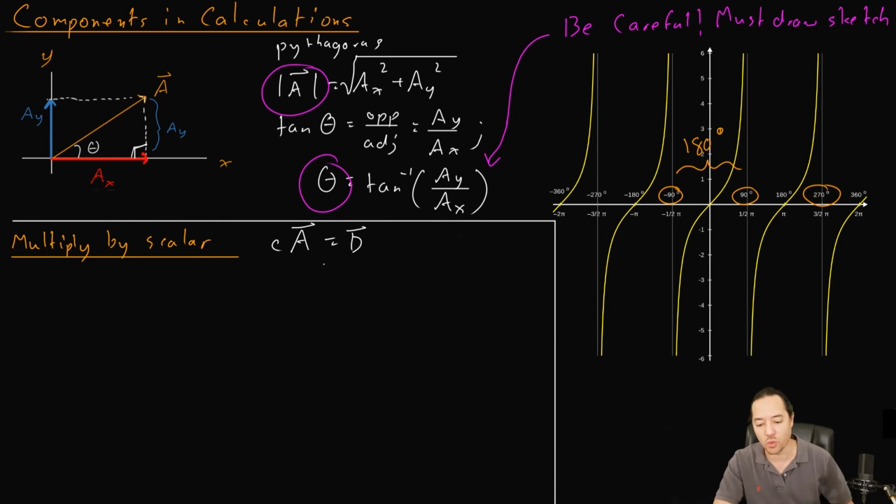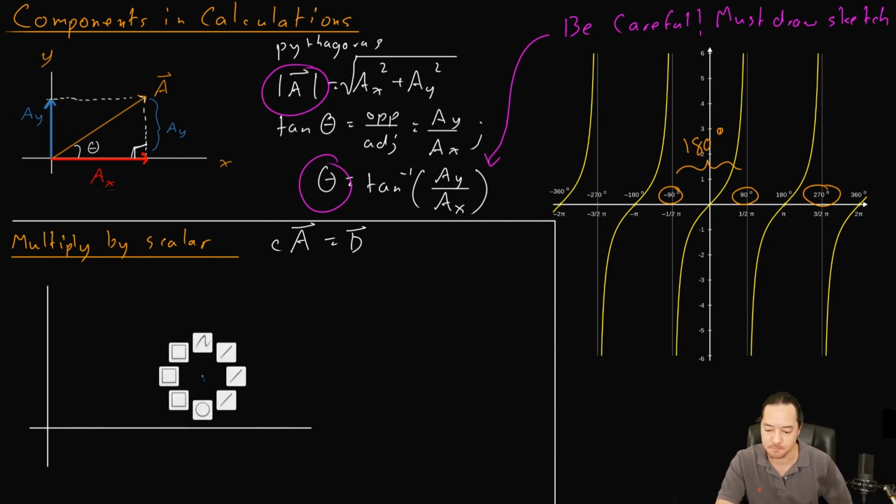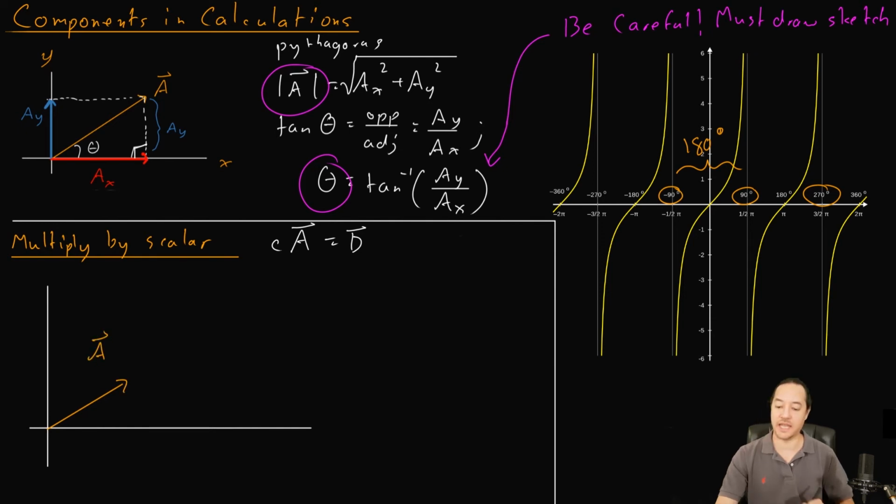Let's draw some axes so we can have a little picture here, and let's draw a vector a, something like this. Here's our vector a. What if we want to multiply this vector a by 2? How can we figure that out?